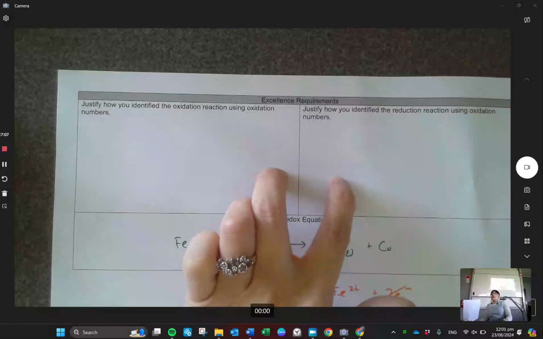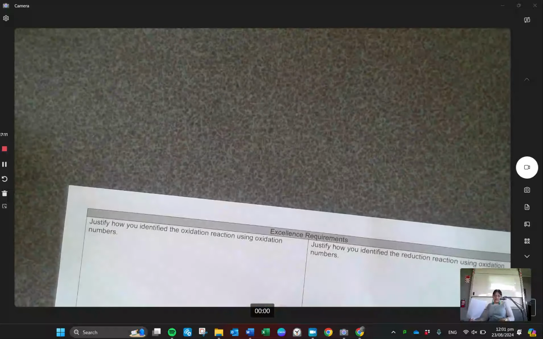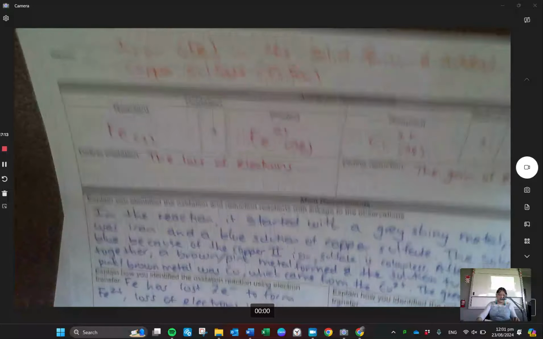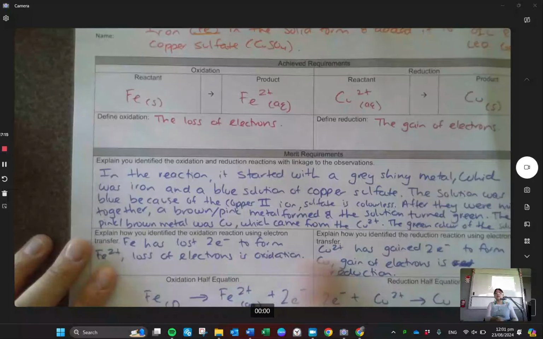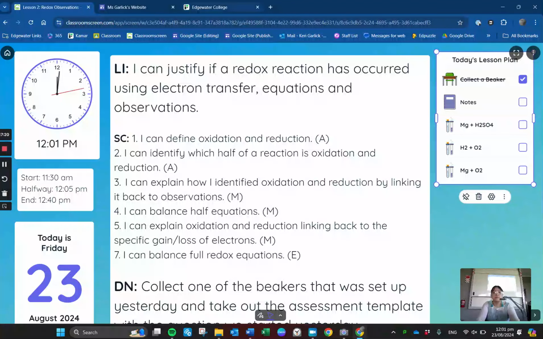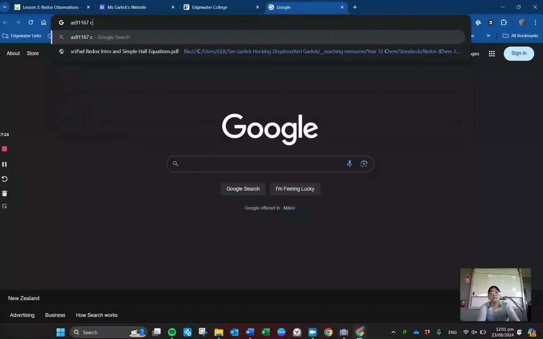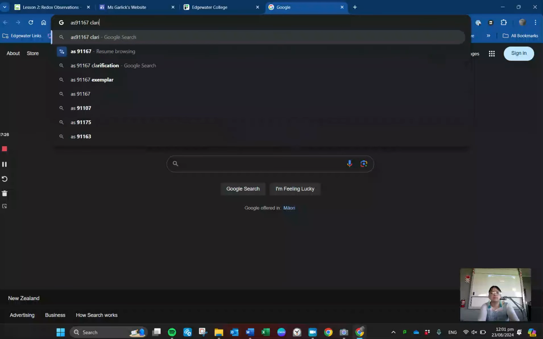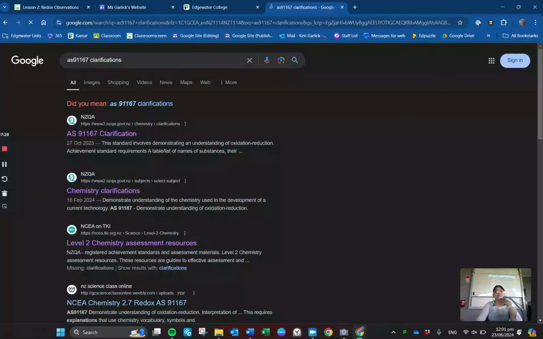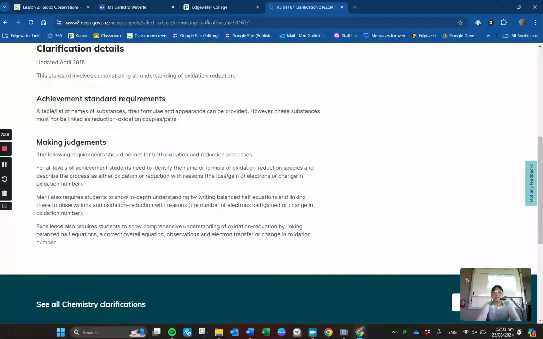You need to justify either using the oxidation numbers or the electron transfer. Let me actually pull it up so you can see it.